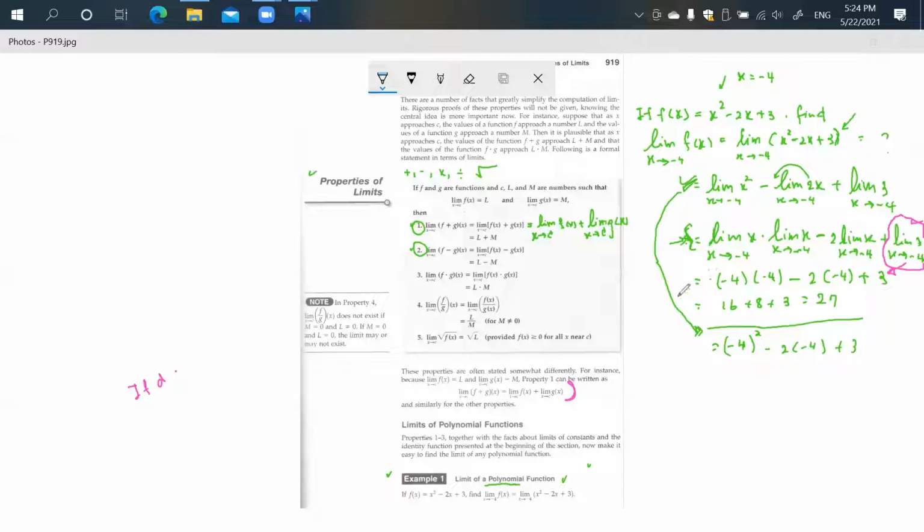Then don't forget the pattern of a polynomial, because it's the same pattern, you don't need to simplify. But if you want to use a table, you still can. You're going to get the same answer. But why use a table? Because a table is kind of tedious and takes too much time.